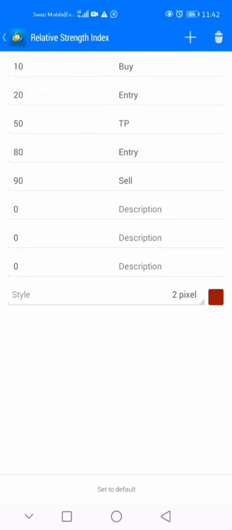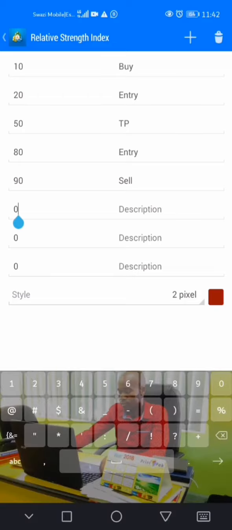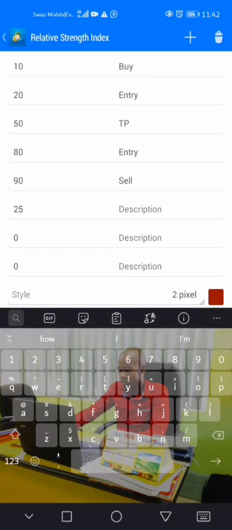For example, if I want to add a level, let's say level 25, I will say level 25 and then I type whatever I want to type, like that. But we don't need this level.